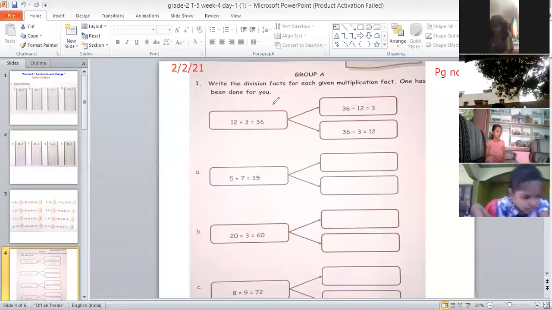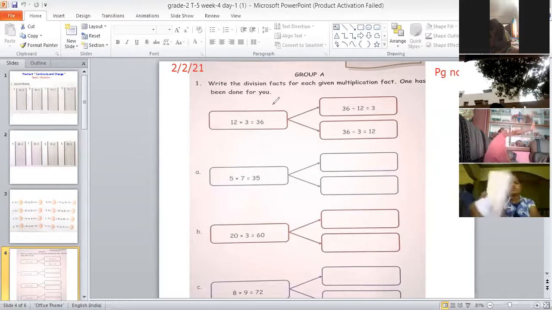Example, 12 multiplied by 3 equals 36. Okay, then 36 plus 12... No, that's not plus. Devansh, look at that symbol carefully and then tell me, is it a plus symbol? Multiply, ma'am. Yes, multiply symbol.